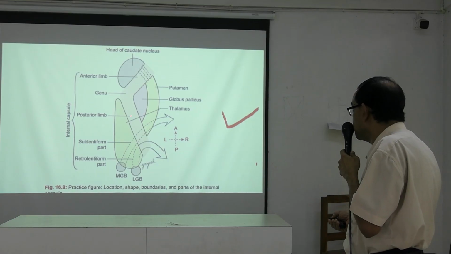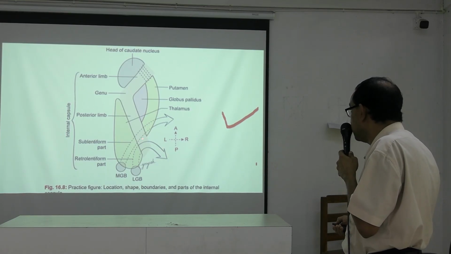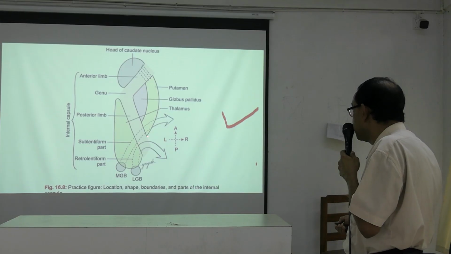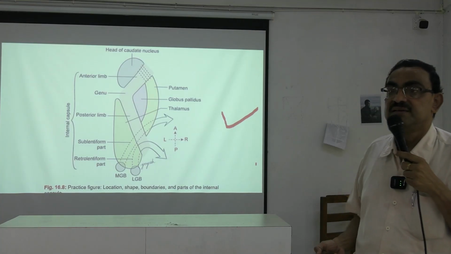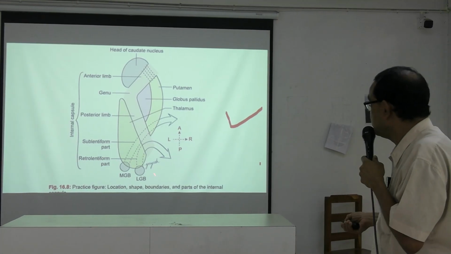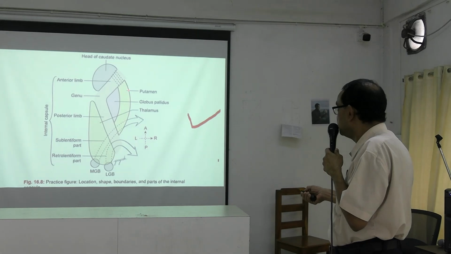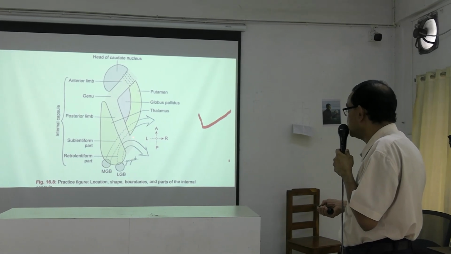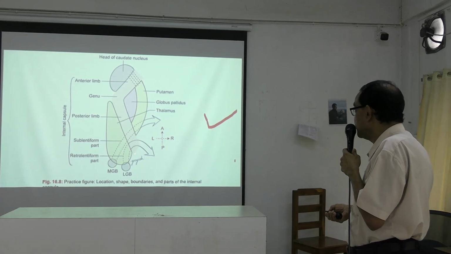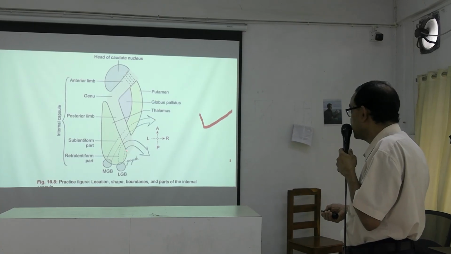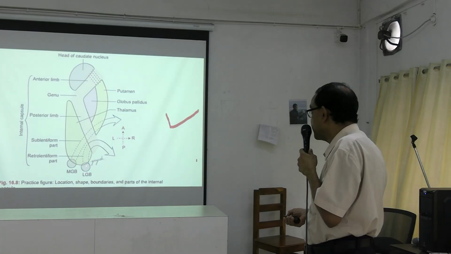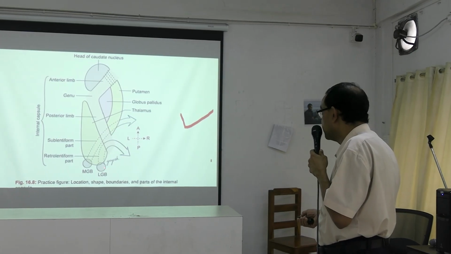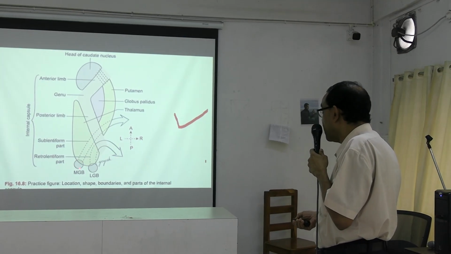Anterior limb, genu, up to this is the posterior limb, and this is called the retro, retro means behind. So behind this lentiform nucleus, this part is called the retrolentiform part. Okay, and through this retrolentiform part we can find some fibers are passing.